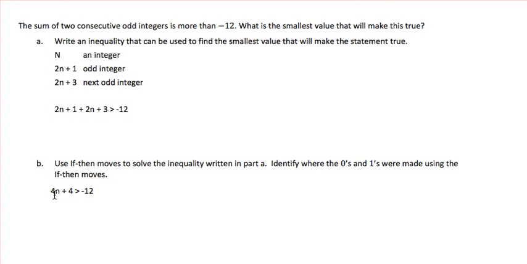So if a is greater than b, then we can add, subtract, multiply, or divide from both sides the same number, and it would still preserve the value of the expression. That means that what we can do is 4n plus 4 minus 4. We're going to subtract 4 from both sides, is greater than negative 12 minus 4.